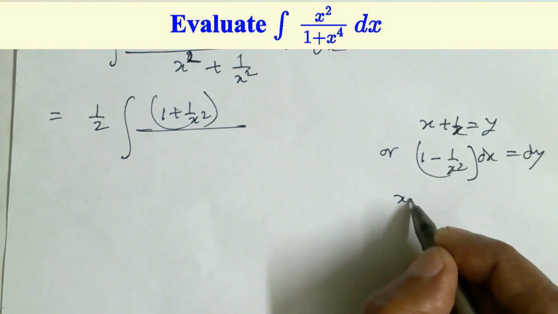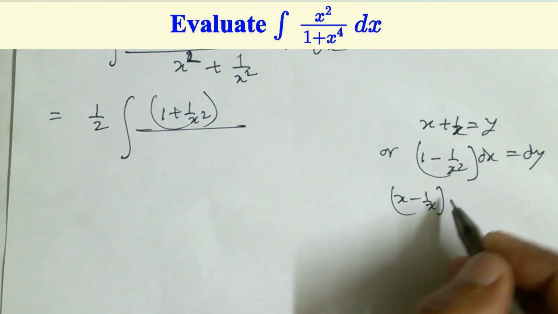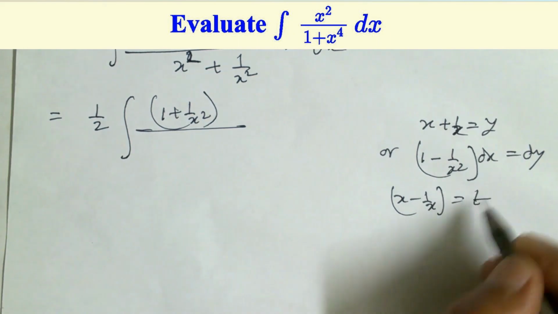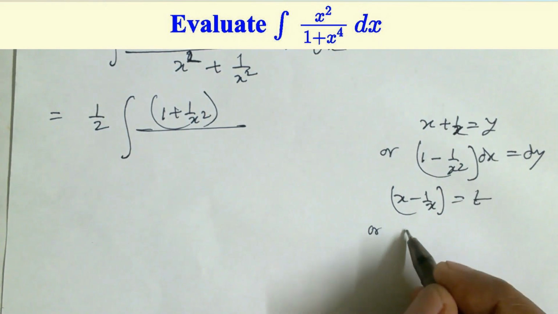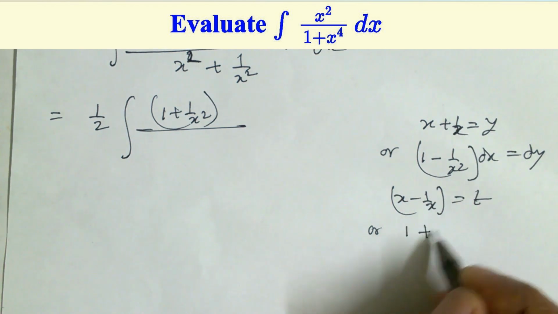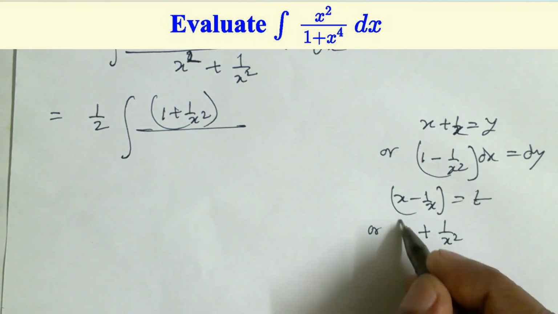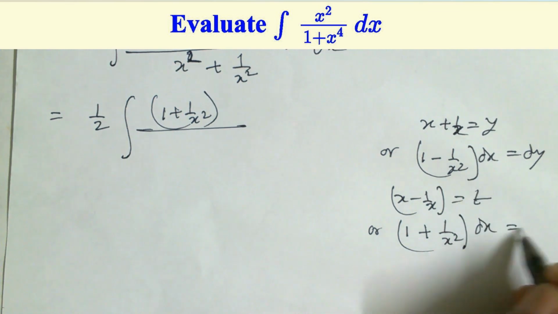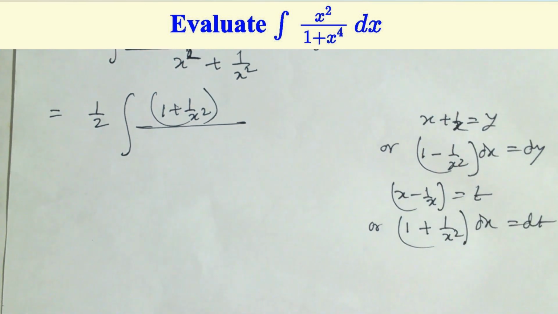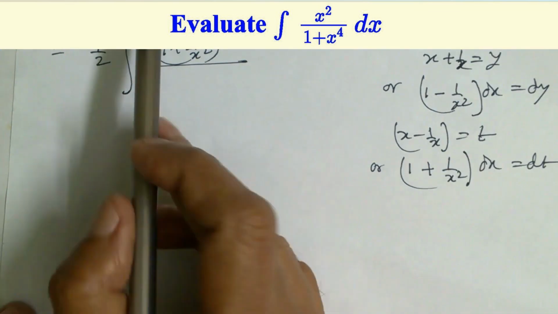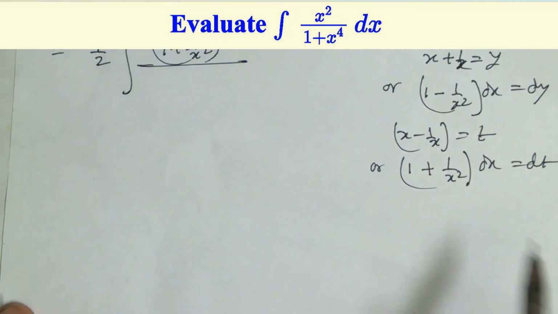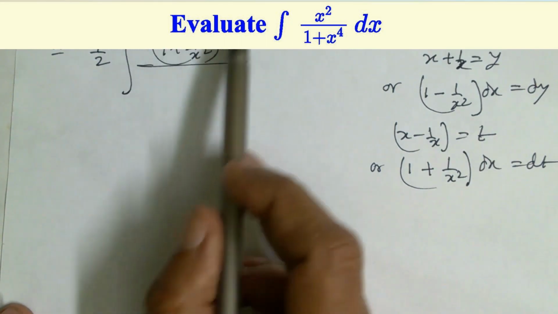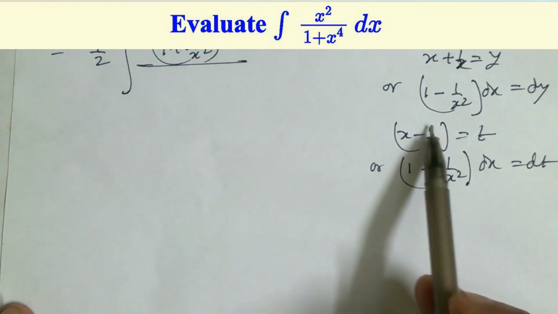Now if we write x minus 1 by x whole square equal to t, differentiate this: 1 plus 1 by x square dx is equal to dt. So for the case of 1 plus 1 by x square, we will express x square plus 1 by x square in terms of this.